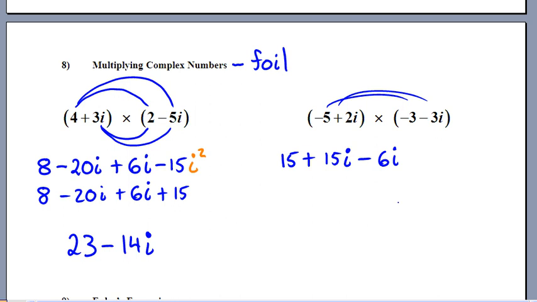And you get kind of used to just doing this without putting an extra step in there. This is going to be 2 times negative 3. That's a negative 6. But then there's an i squared. So as much as I'm tempted to write negative 6 from all my math experience, I'm actually going to write plus 6. Because it's negative 6 times the i squared. Negative 6 times a negative 1. And yeah, finishing it off. Looks like 21 plus 9i.